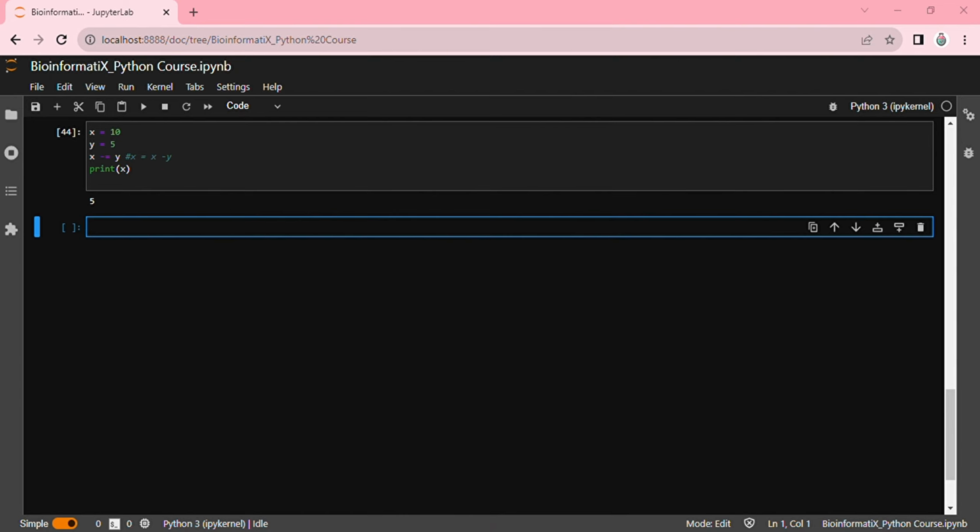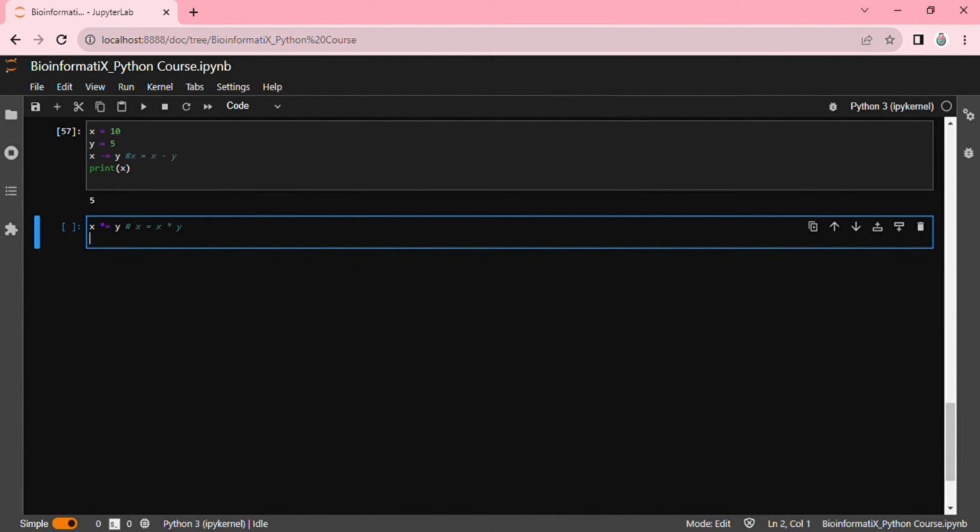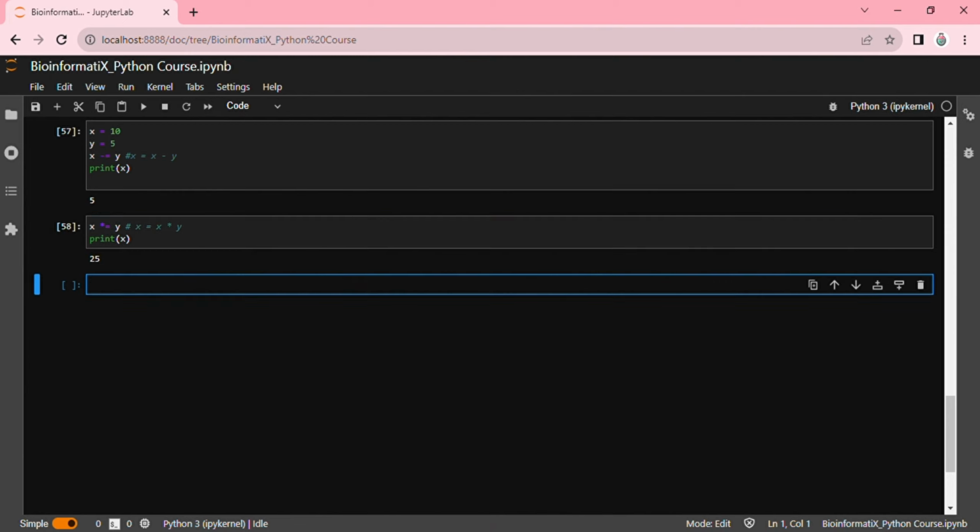Now let's go for the multiplication example. X times equal y means x equal to x times y, which means when we print x, it means 10 times 5, which gives 50. Oh, it's not 50. Does anyone know why?